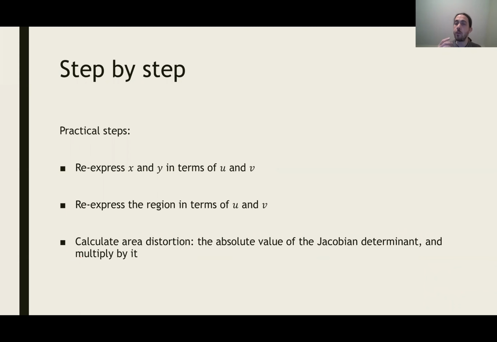So that's a lot to take in. Let's talk a little bit about what we actually do step by step when we're doing change of coordinates. The first thing is we have to re-express x and y in terms of our two new variables, u and v. So for example, in polar coordinates, we had x as r cos theta and y as r sin theta. Then we have to look at our region and write what the boundaries for this region are in terms of our new variables, u and v, by contrast with our old variables, x and y.